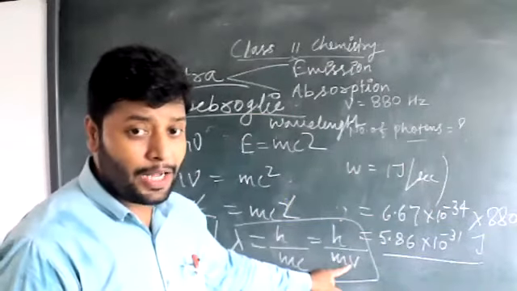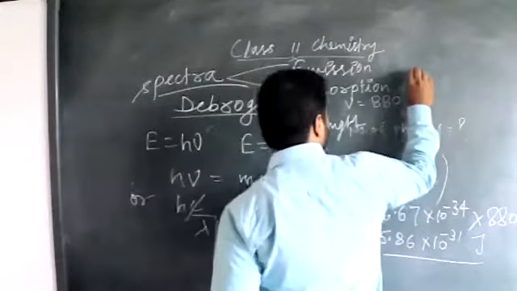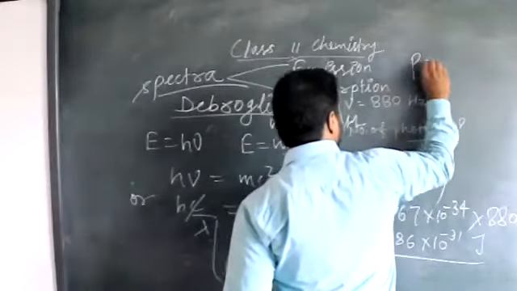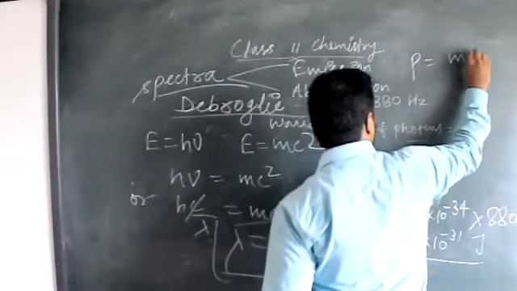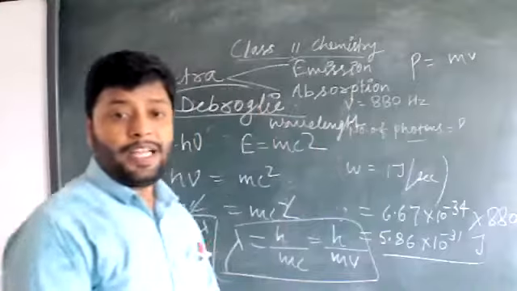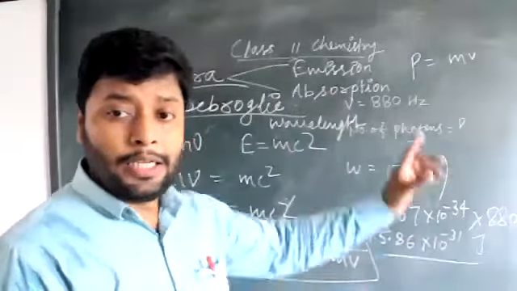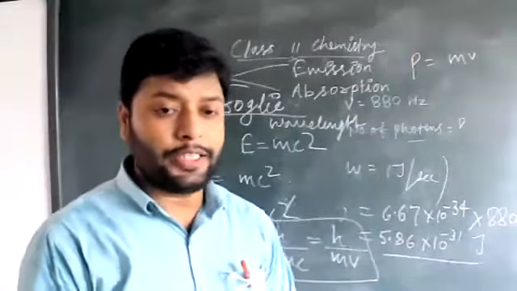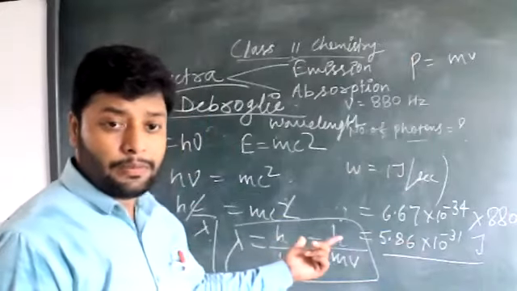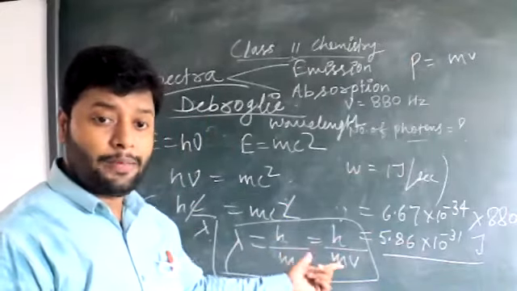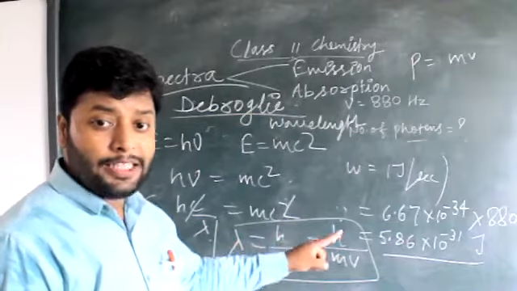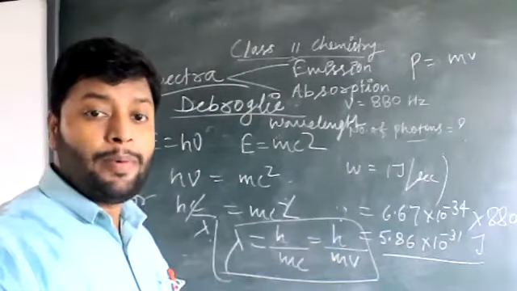You know the formula for momentum: momentum of any particle is the product of mass and velocity. So the formula can also be written in terms of momentum: lambda equal to h upon p, where p is the momentum of the particle.